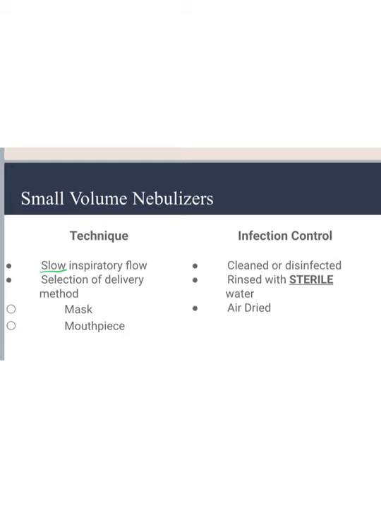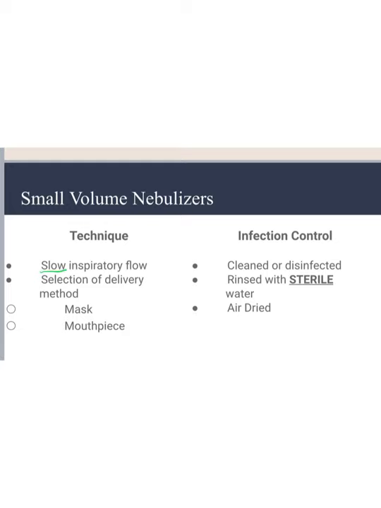Infection control is another important part of using small volume nebs. So they need to be cleaned and or disinfected. So in the hospital, we want to rinse them with sterile water. Do not use tap water because tap water, while it's been filtered, it still contains contaminants that can promote the growth of bacteria.